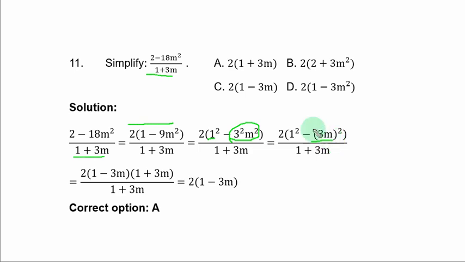By difference of two squares, this factorizes to this, and you cancel this with this, and you have 2 bracket open 1 minus 3m bracket close. No, C is the correct option. C is the correct option.